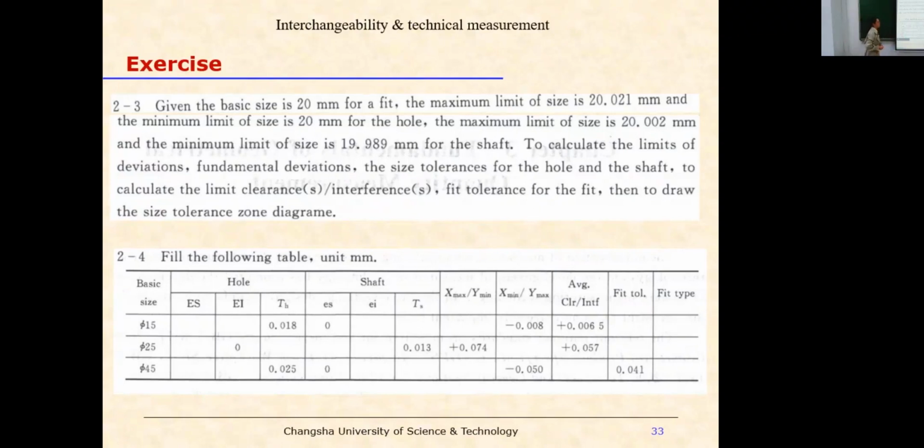So there are 3 types of fit: clearance, transition, and interference. So how to tell, from the diagram, what the type of it is.